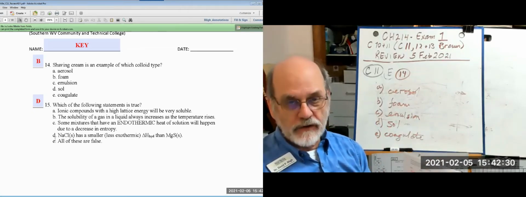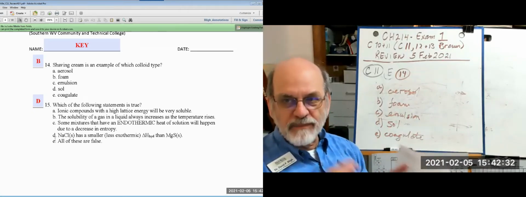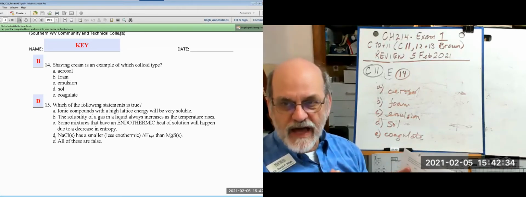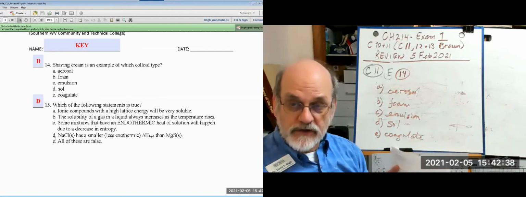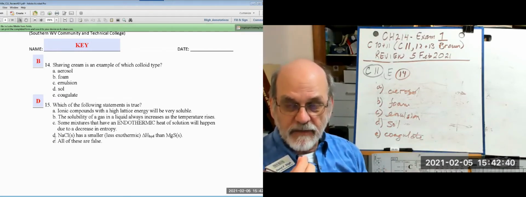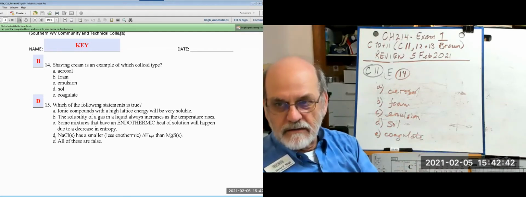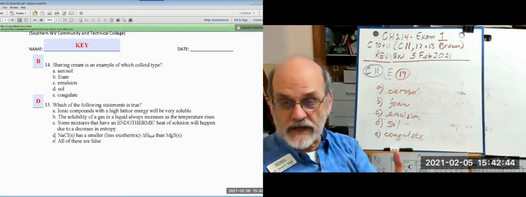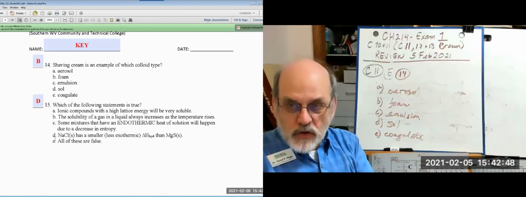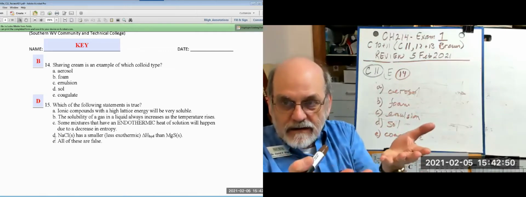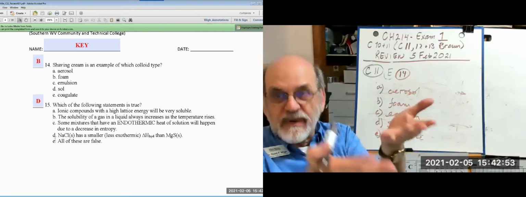Colloids are not solutions. Colloids are dependent upon the particle size of the solute. If the solute is small enough in particle size, the kinetic energy of the molecules in the solvent is sufficient to maintain the solute in suspended form.